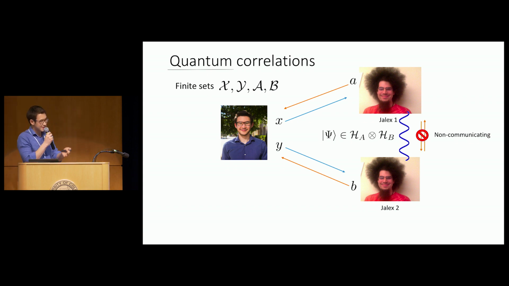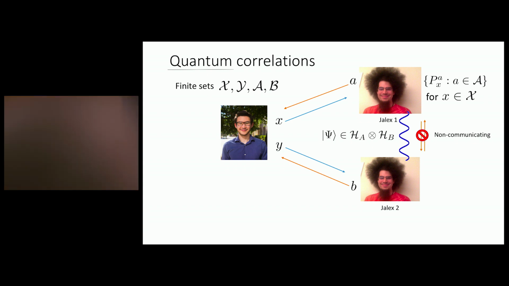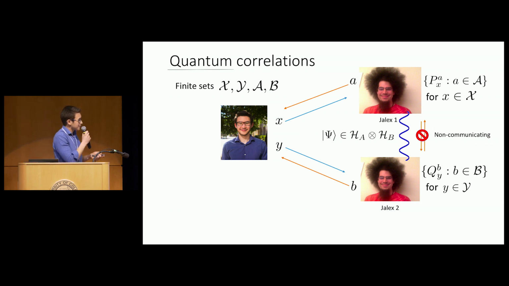And we assume that there's this tensor product decomposition. And then moreover, the first prover has a set of projective measurements. Okay, so there is one projective measurement for each possible question X in capital X, and likewise for the second prover. And you can think of their strategy simply as being, upon receipt of question X in capital X, prover 1 picks the corresponding measurement for question X and applies it to his half of the joint state psi, and then gets the answer.